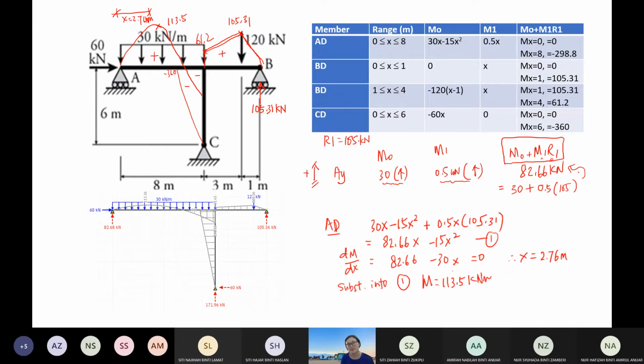82.66 kilonewton. We can try, let's say, Cx. For example, I want to know Cx. So I go to M0, the primary structure, to get my Cx, and the redundant structure M1 to get my Cx.